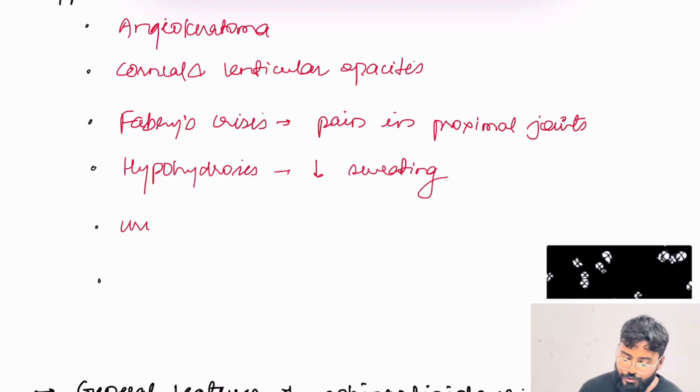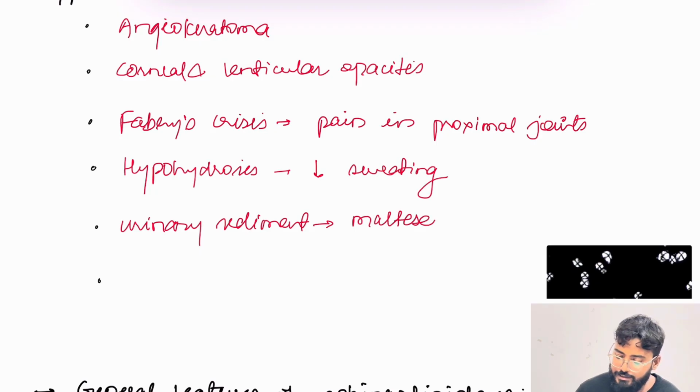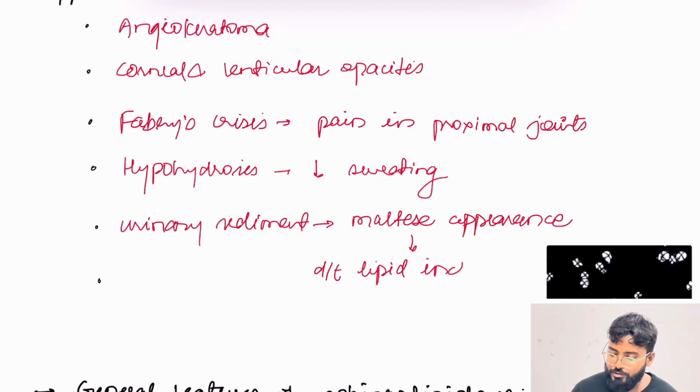And in urinary sediment, you are going to see these Maltese cross appearance, and this is due to lipid inclusions that you are going to see in the urine.